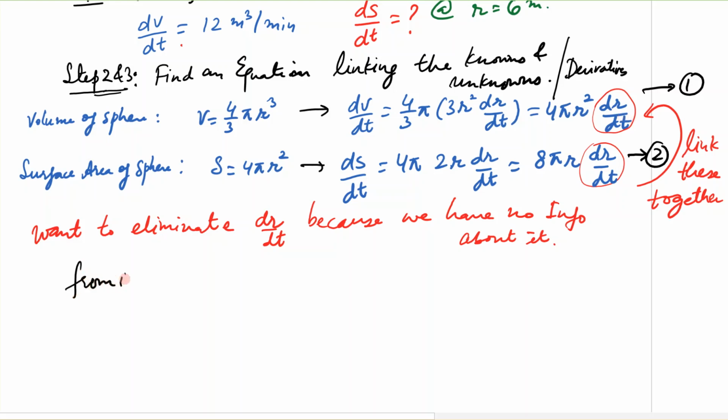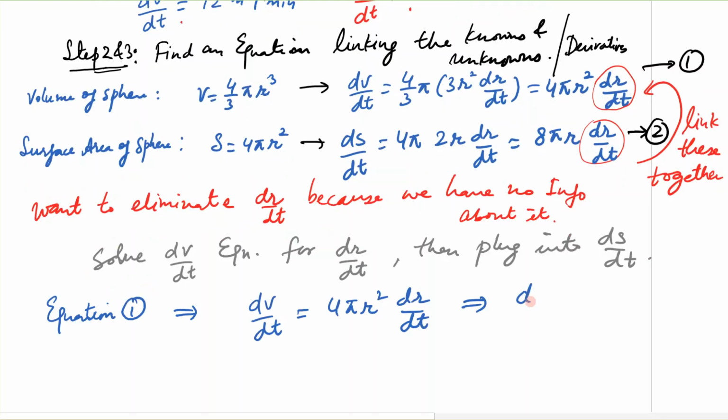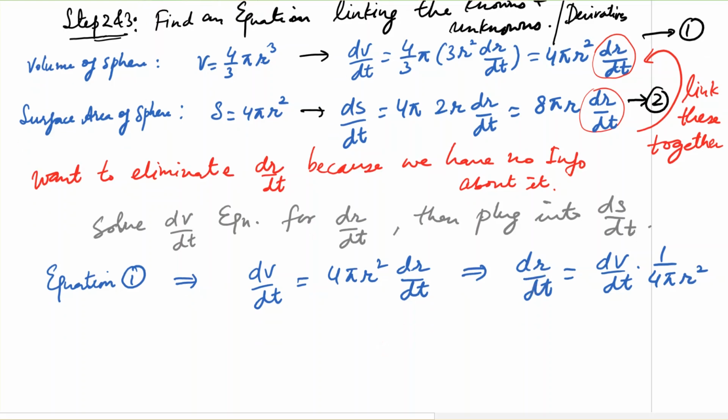From equation 1, this implies dr over dt would be dV over dt, divided on both sides by 4 pi r square. And now we're going to put this value of dr over dt into our equation number 2.